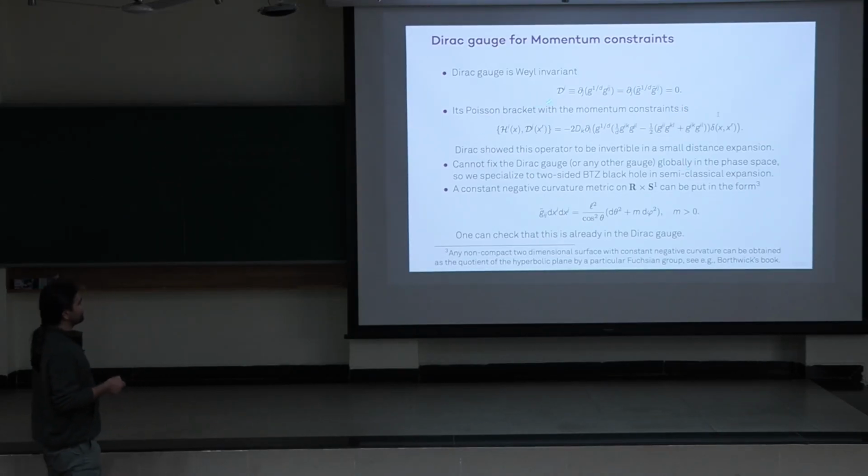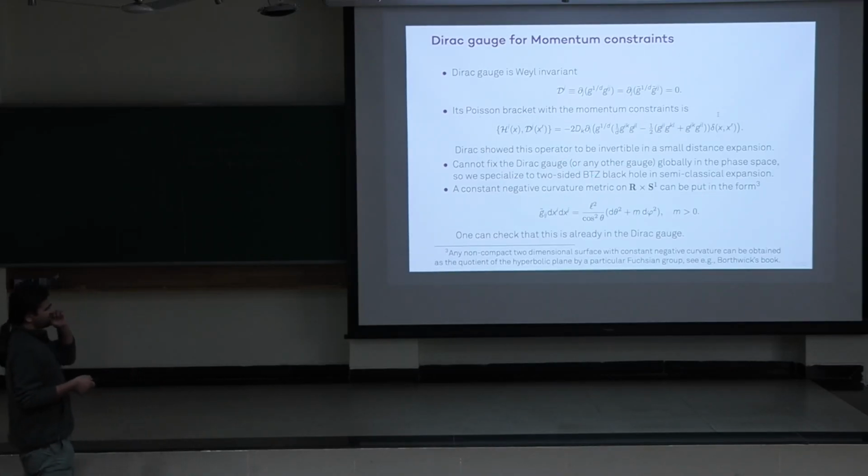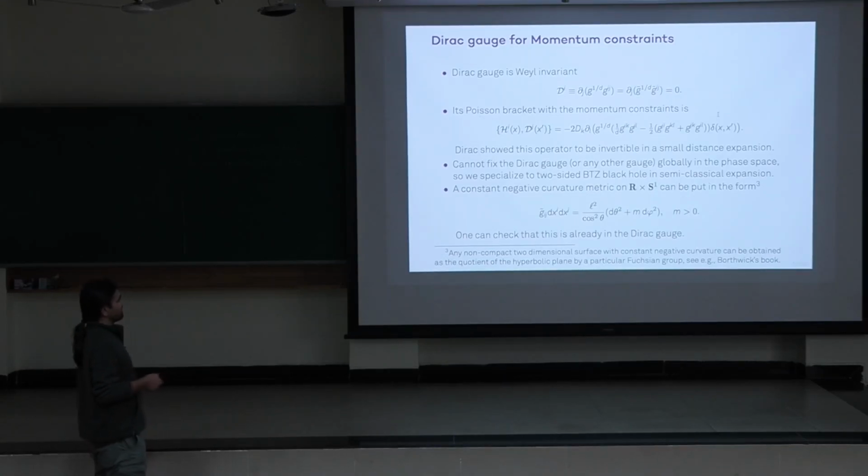Now its Poisson bracket with the momentum constraints is a bit complicated, and in fact Dirac studied this a long time ago and showed that this operator on the right hand side is invertible in a small distance expansion. Now as far as I know, one cannot fix the Dirac gauge or any other gauge for momentum constraints globally in the phase space.